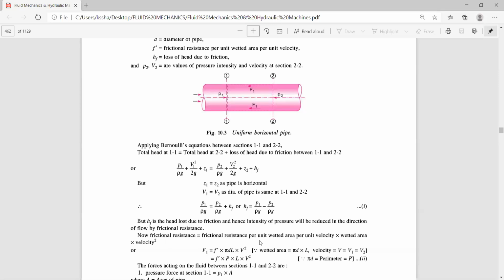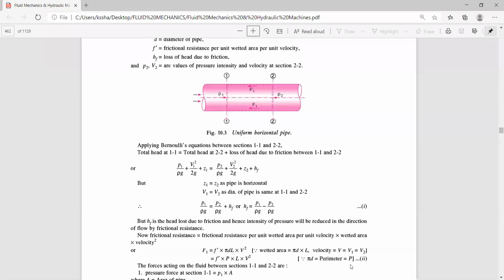F1, frictional resistance per unit wetted area per unit velocity. So this is nothing but F dash, which we have to remember, into wetted area. So how to calculate wetted area? It is nothing but perimeter pi D into L. So F dash into pi D L into velocity square.